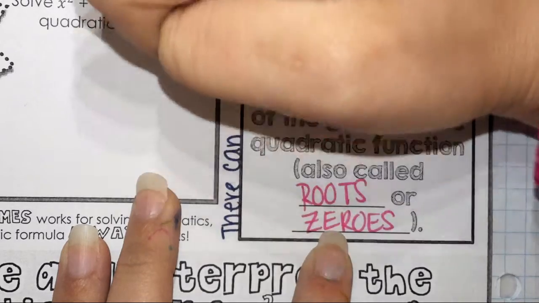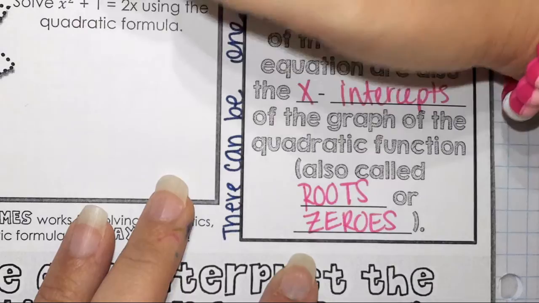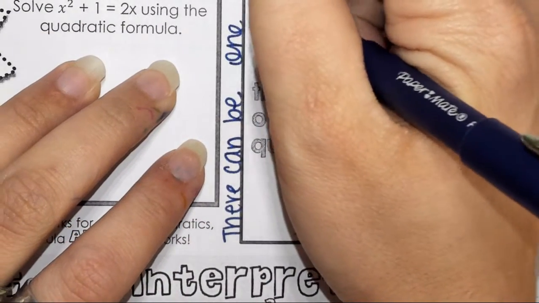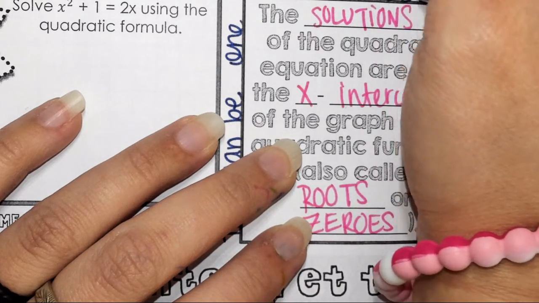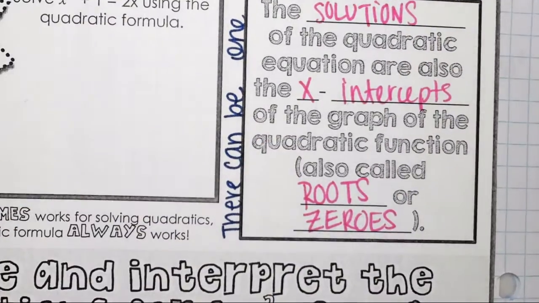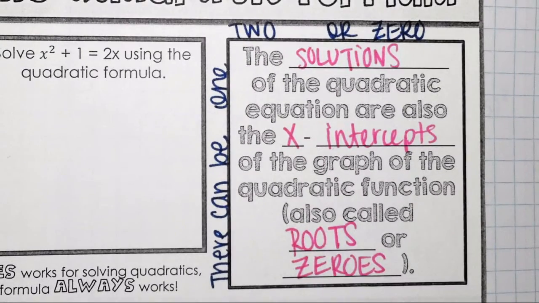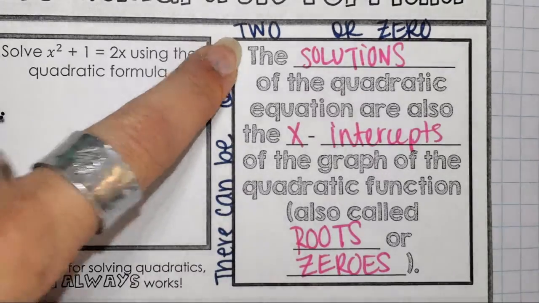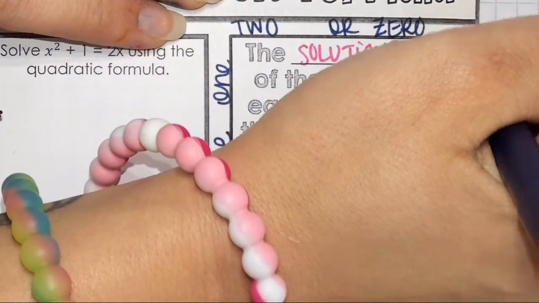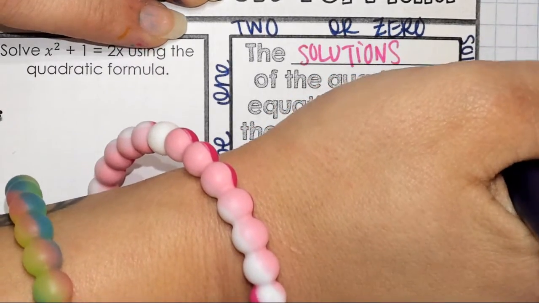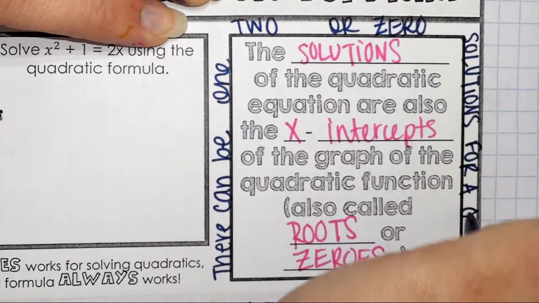There can be 1, 2, or 0 solutions for a quadratic.